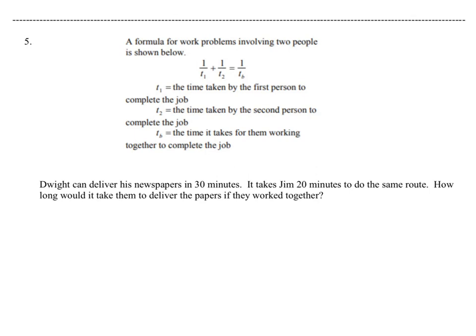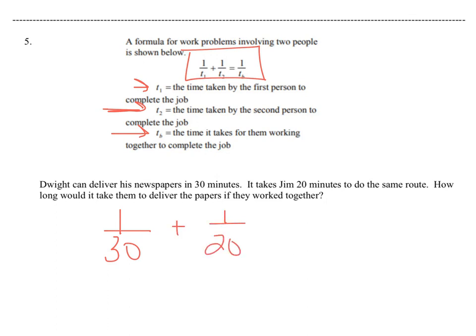This question gives you the formula for a work problem. It's 1 over T1 plus 1 over T2 equals 1 over TB. T1 represents the first person's time, T2 is the second person's time, and TB is their time together. So we have Dwight can deliver his newspaper in 30 minutes, and Jim can take 20 minutes. We want to know how long it'll take them to do it together.